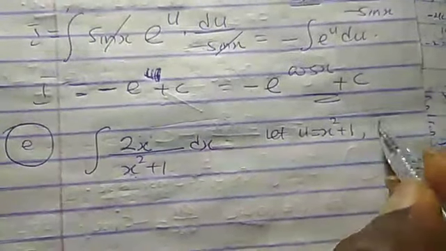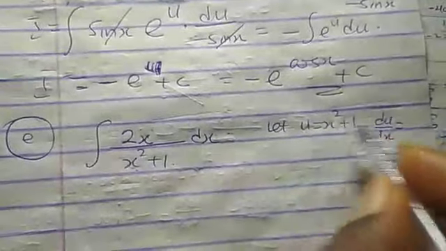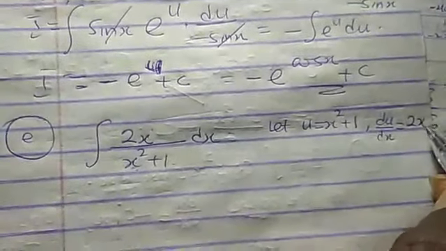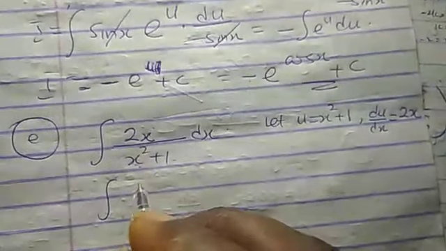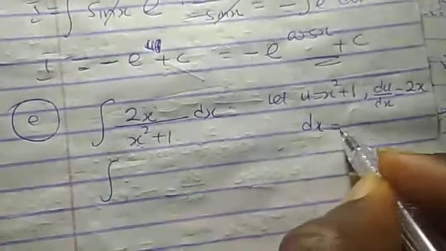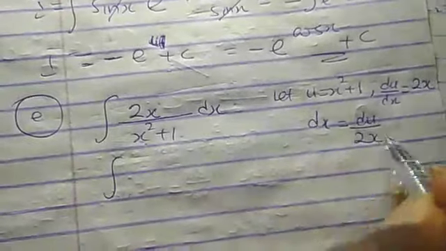The next thing is I will differentiate. I will say du dx. If I differentiate x squared, I will have 2x. If I differentiate 1, I will have 0, so I don't need it again. Then I will make dx the subject of the formula. That will be du over 2x.